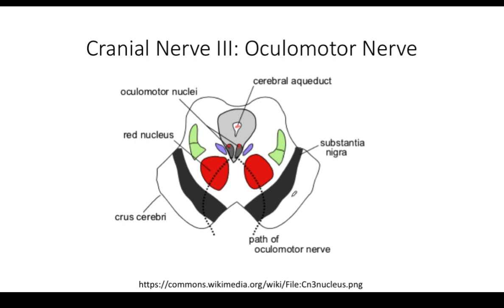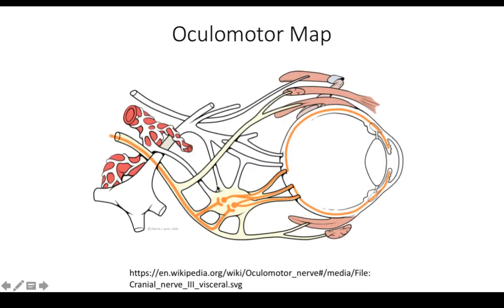Now, when we're looking at the projections from here, notice how these nerve fibers pass through the red nucleus and substantia nigra on the way out. And so these nerves project anteriorly away from the brainstem, like all but one cranial nerve tends to do, especially on the output side.